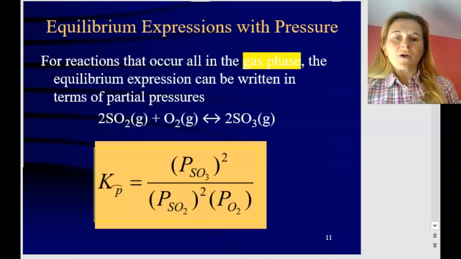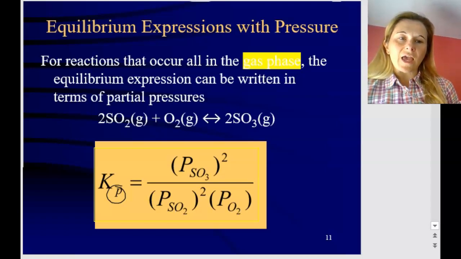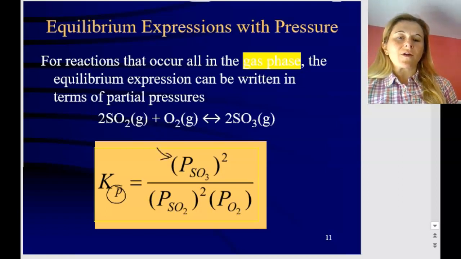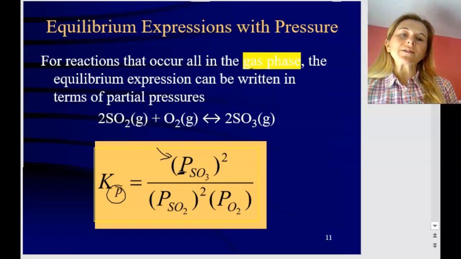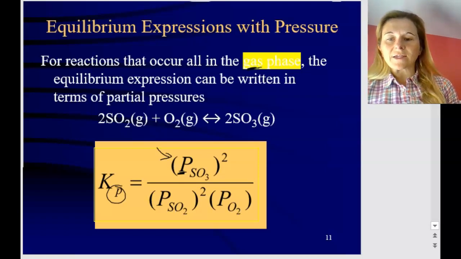Well, first off, we have Kp for pressure instead of just a K or Kc for concentration. And we do not have brackets anymore. We have parentheses because we are now talking about pressure instead of molarity or concentration, because we are in a gas. And we still have coefficients as exponents. So instead of concentration, we're going to put the pressure value for these gases.